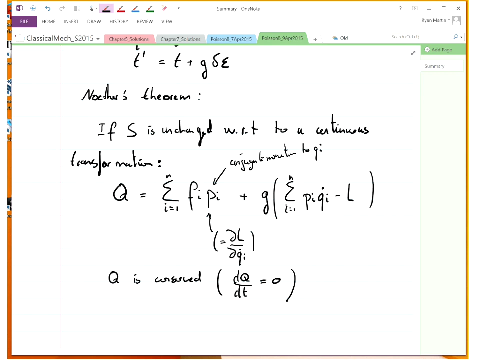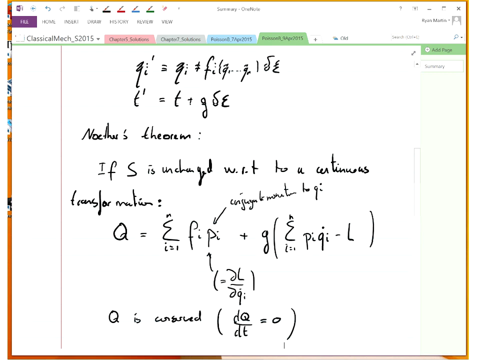To check if the action is unchanged with respect to a continuous transformation, you have to calculate delta S. So you have to calculate S using the q's, and then S using the q primes with that transformation. And if S using the q's minus S using the q primes is 0, then S is invariant to that transformation, and the quantity Q is conserved.